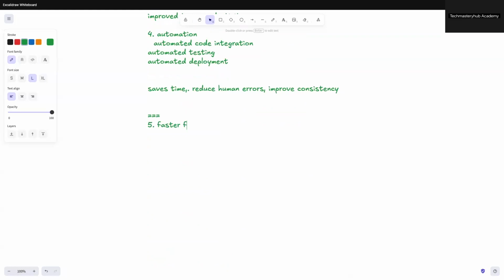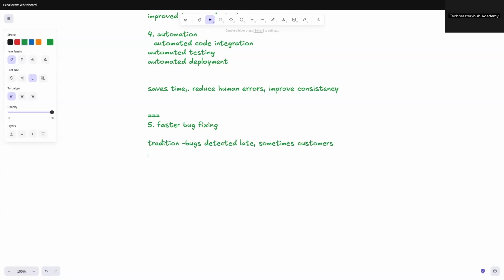So faster bug fixing is the fifth benefit. In traditional systems, bugs were detected late, sometimes by customers only.